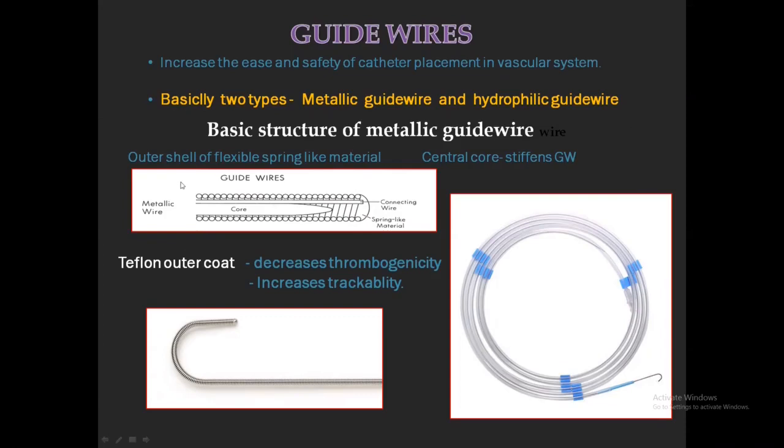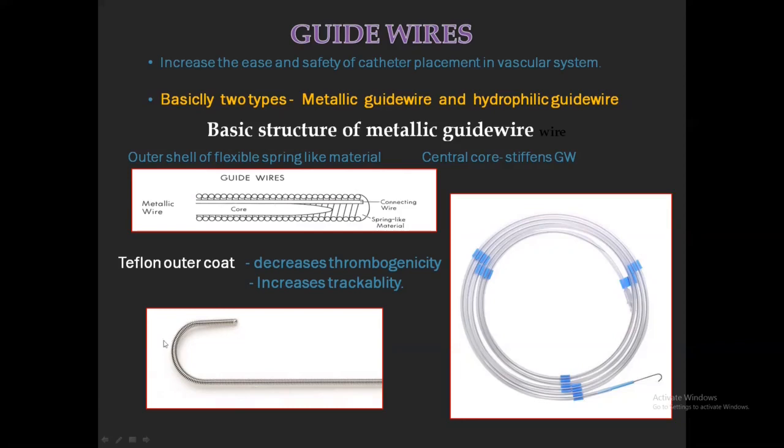Metallic guide wires consist of an inner core of metal like nitinol or special steel-like material, with some spring-like material wound over it. Here you can see a spring-like winding over a metallic core, and this will give more flexibility.